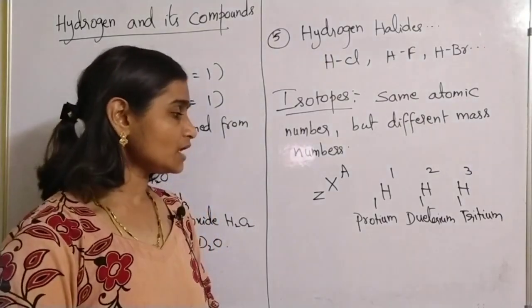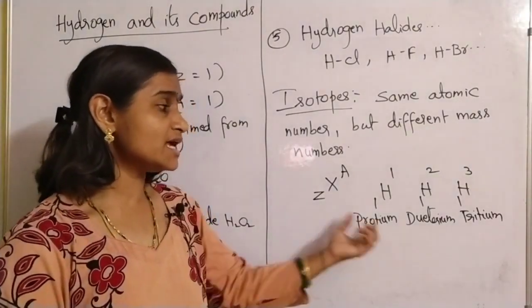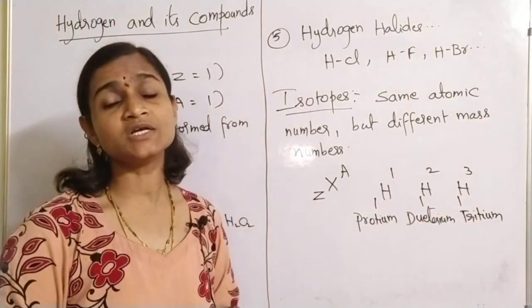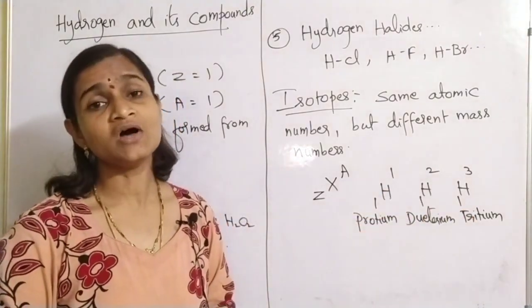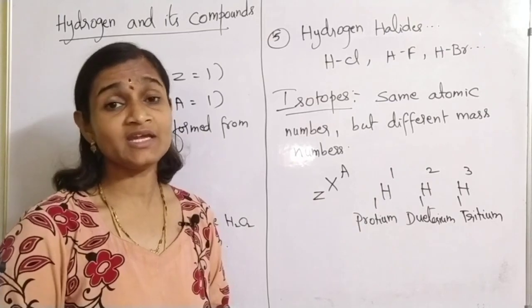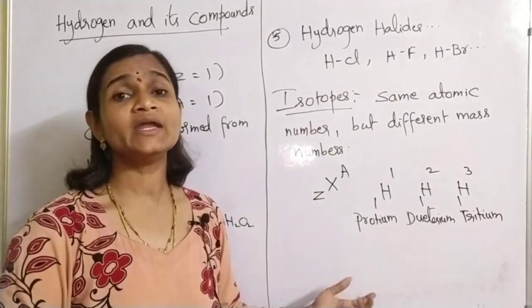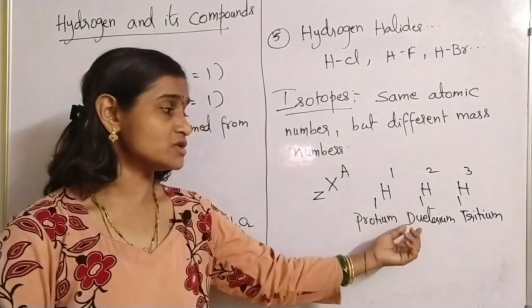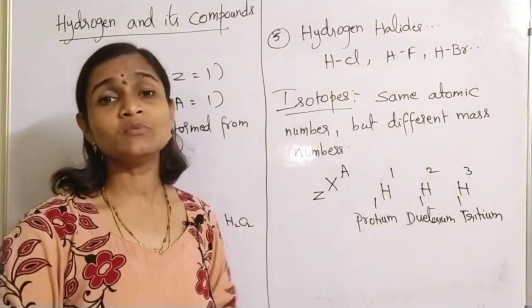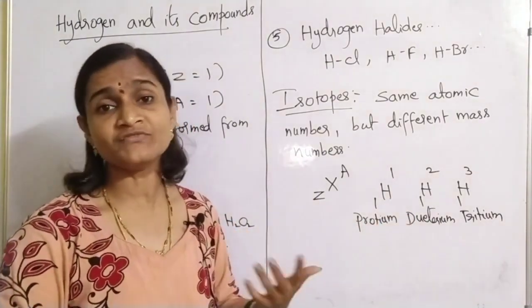Among these three isotopes, tritium is considered to be the radioactive isotope of hydrogen. Deuterium almost exhibits the same properties as normal hydrogen, and its chemical properties are also similar to those of normal hydrogen.